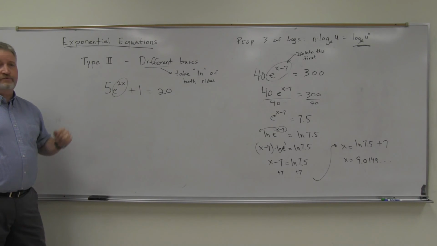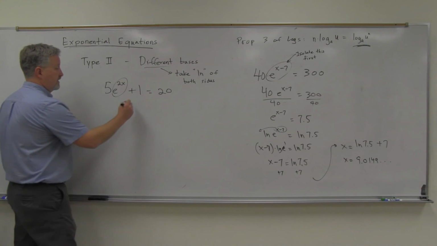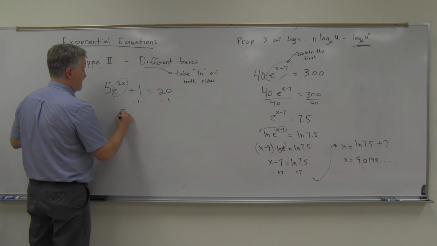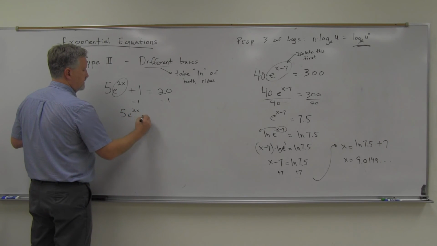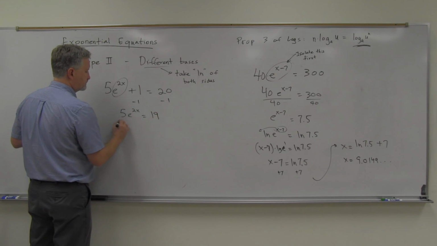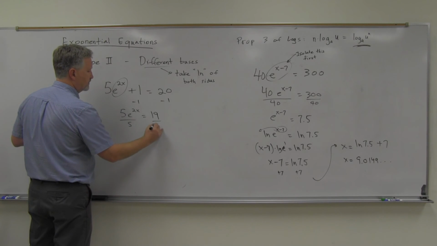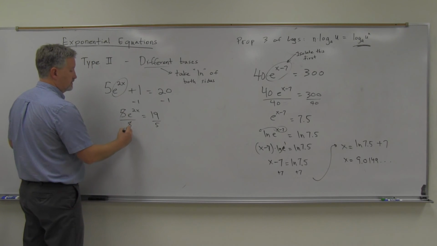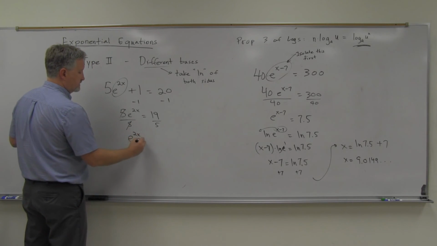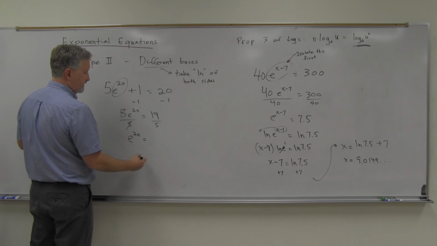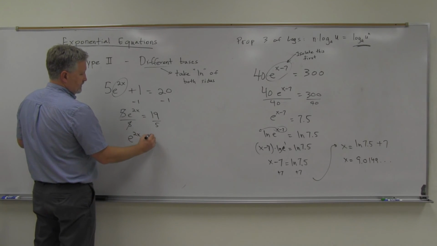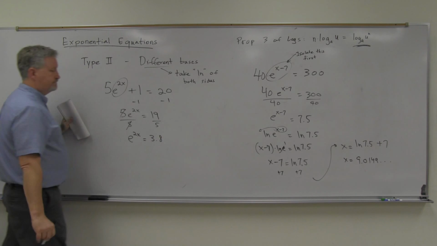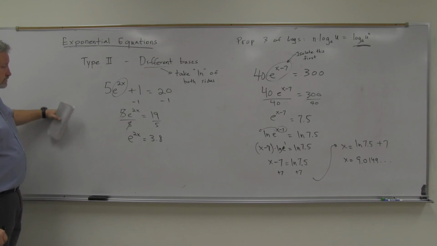I only want e to the 2x on this side. So yes, subtract the 1, 5e to the 2x then equals 19. Divide by the 5. You get e to the 2x equals 19 fifths. You can leave it that way, or 3.8 if you want a decimal.